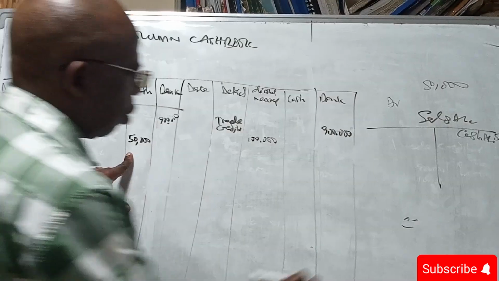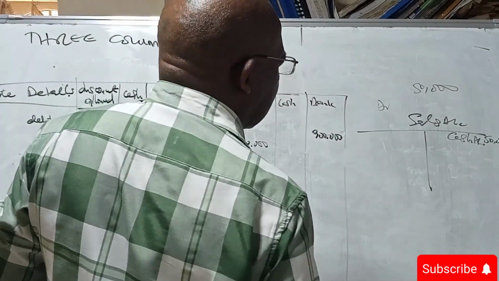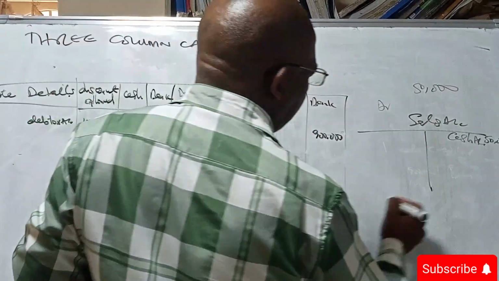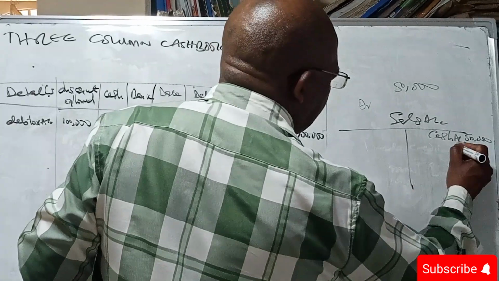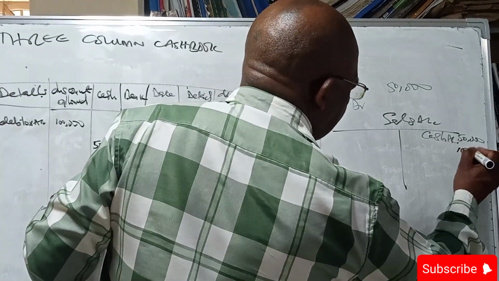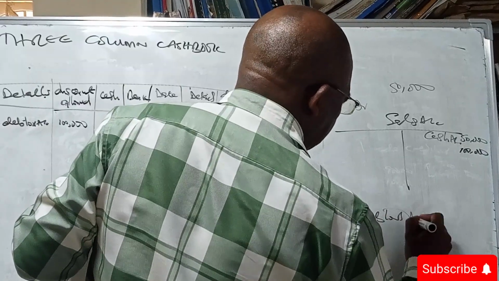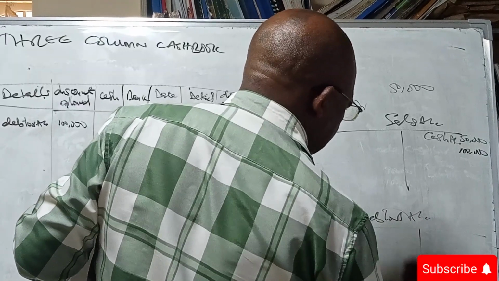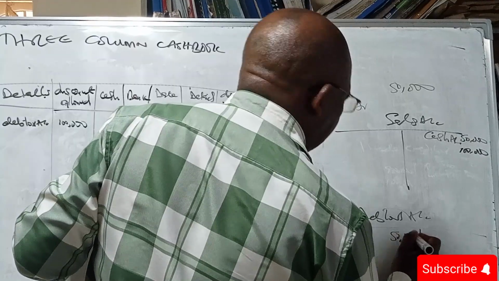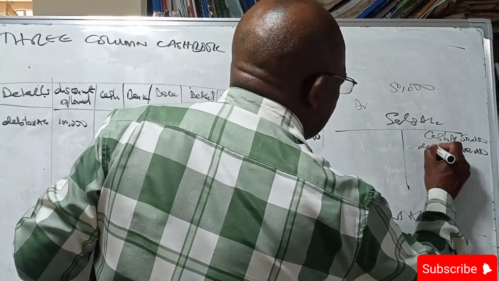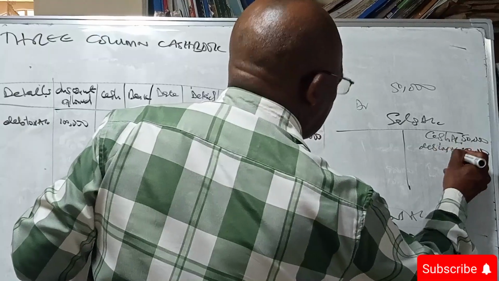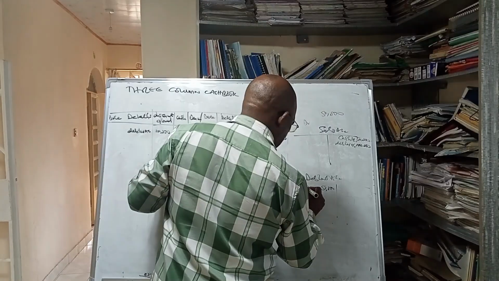In case we sell on credit, we will credit sales with 50,000 and we debit debtors. If we sold on credit, we debit debtors with 50,000. Then we cross-reference. At the sales we say debtors account, and at debtors we say sales account.